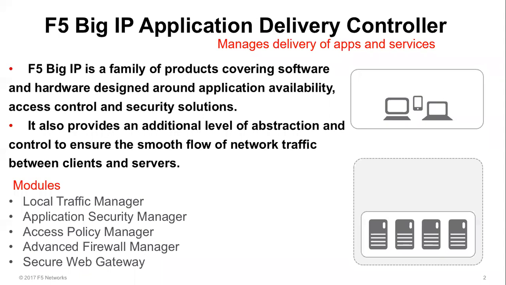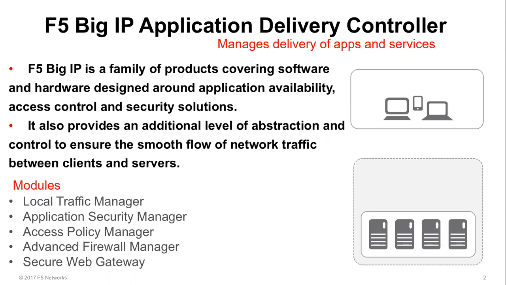So F5 Big IP is an application delivery controller. Most people call it a load balancer, but F5 doesn't actually address the appliance as a load balancer because they feel that it does much more than an ordinary load balancer.